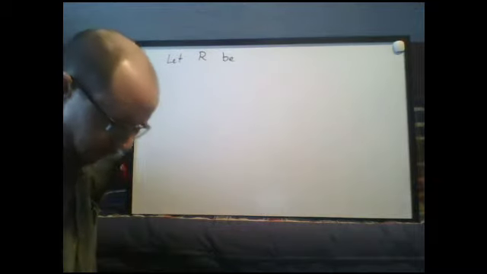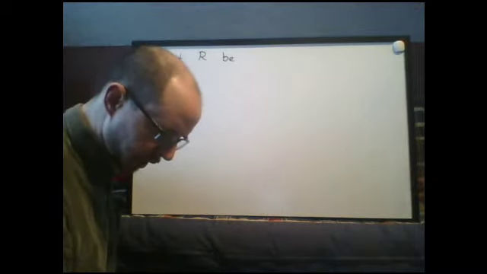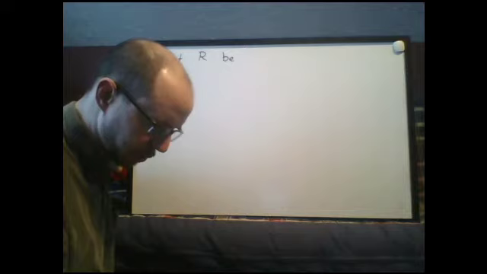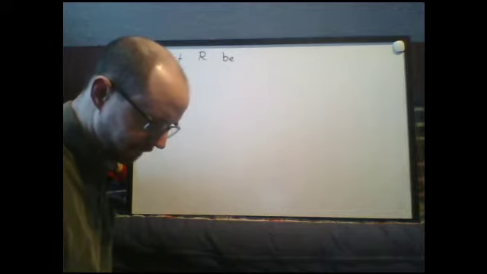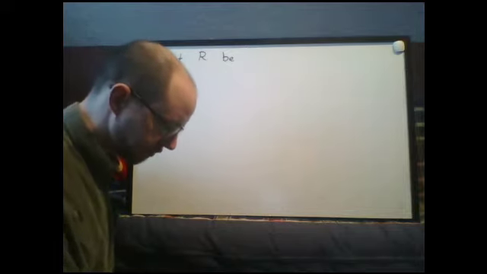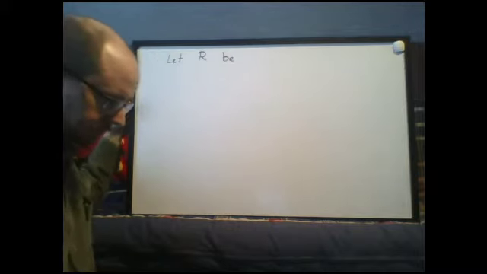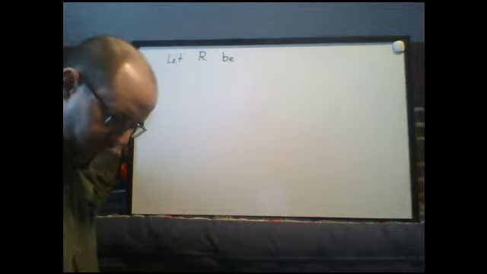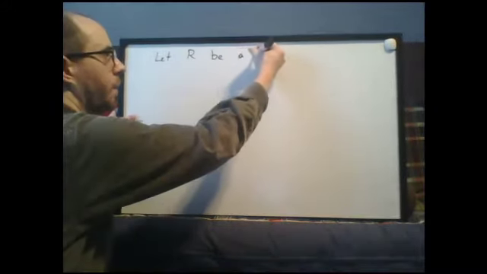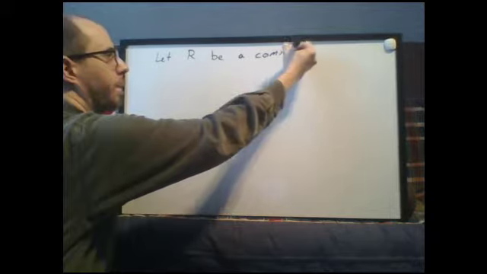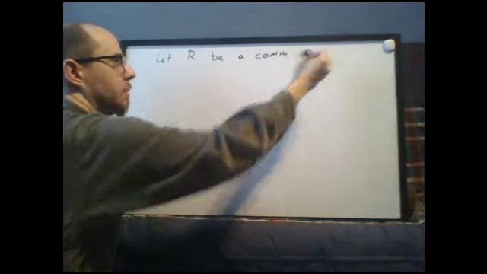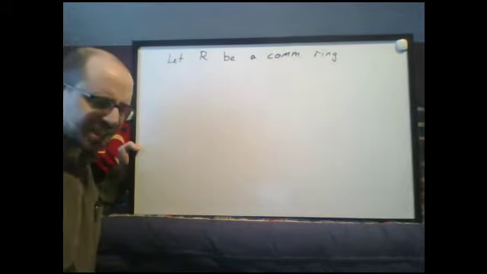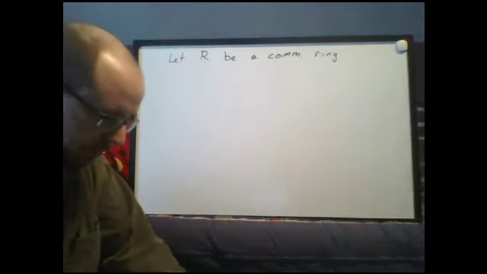For these, let's assume that R is a commutative ring. Let R be a commutative ring. It doesn't necessarily have to have a unity element for what I'm going to define here.